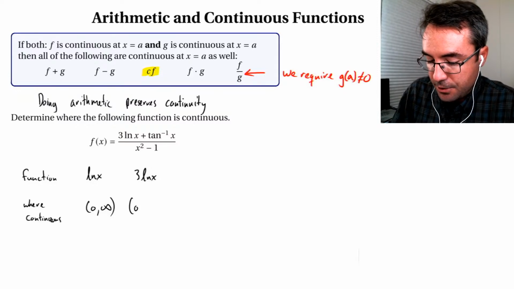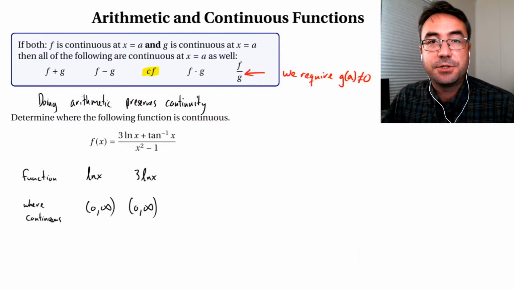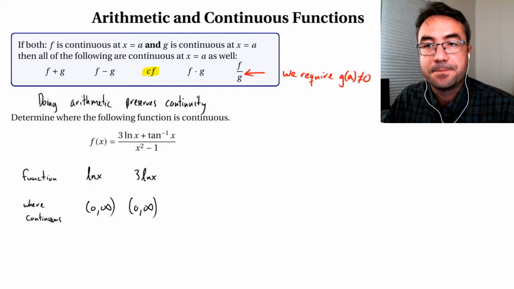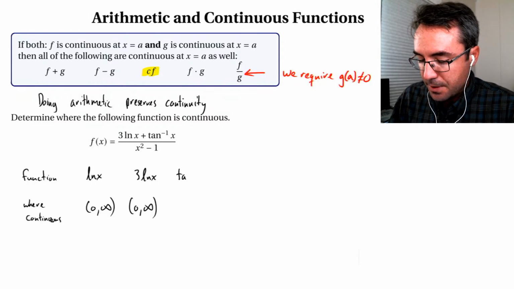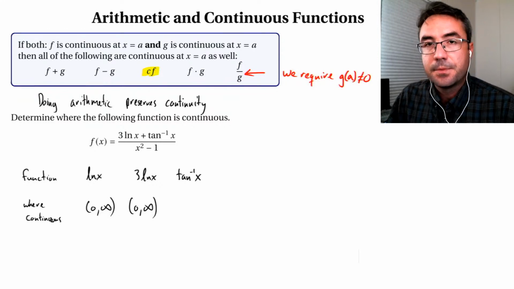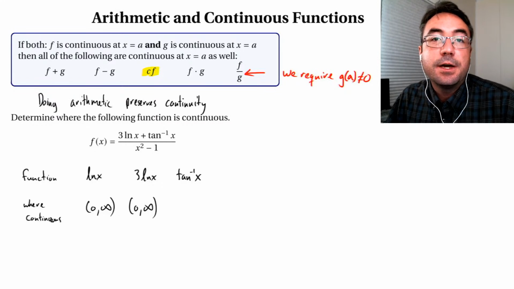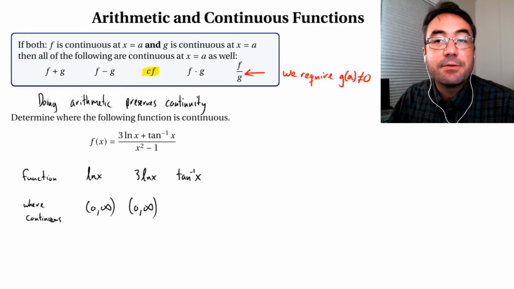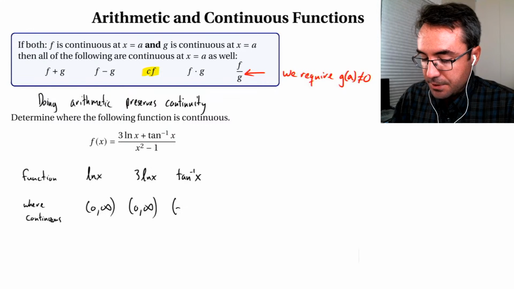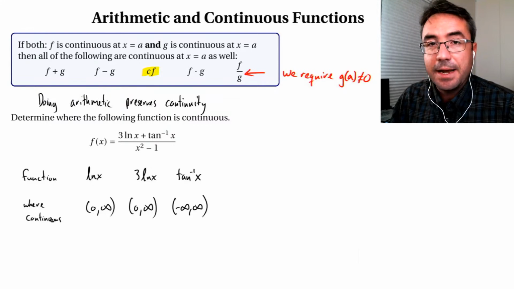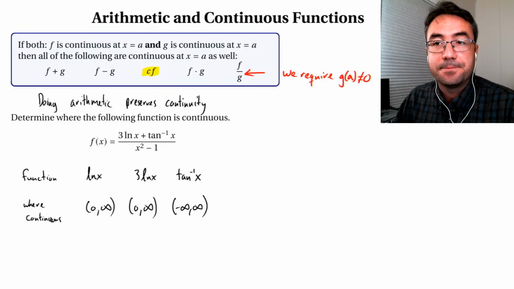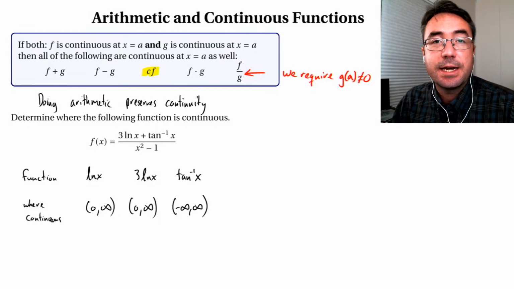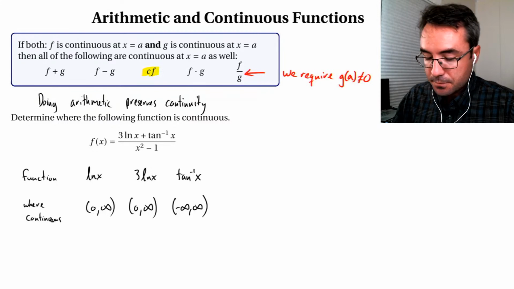So the interval of continuity for 3 times natural log is just 0 to infinity. Now what about the other function up there, the inverse tan function? Well, this is one of those nice ones where it's just continuous everywhere. So it's continuous on the interval from minus infinity to infinity, the whole real line. So there's no restriction on continuity there.